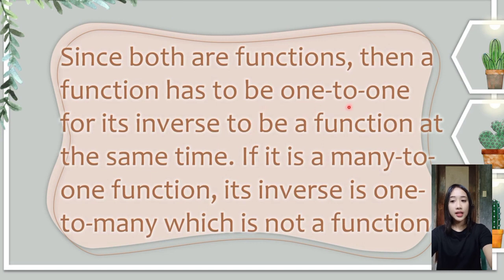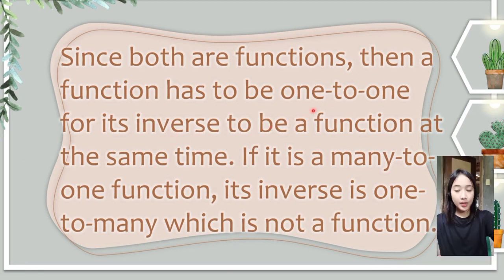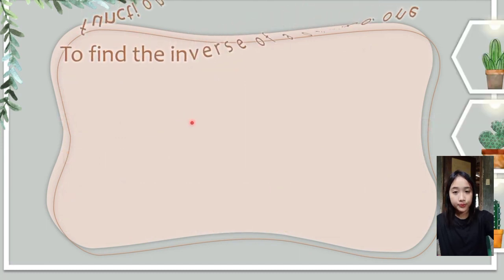If it is a many-to-one function, its inverse is one-to-many, which is not a function. So, kinahanglan, one-to-one function ra ang pwede nato applyan og inverse. Para kung makuha na nato ang inverse sa one-to-one function, function japon siya.